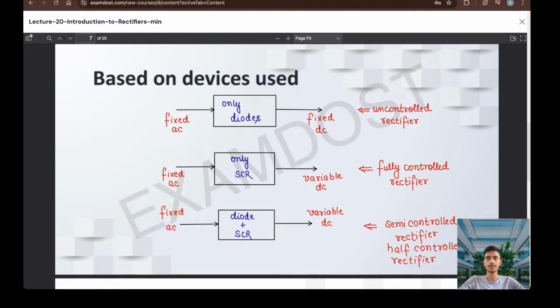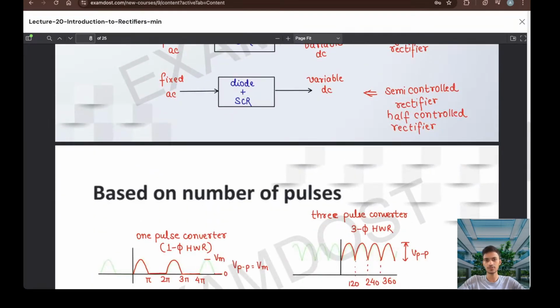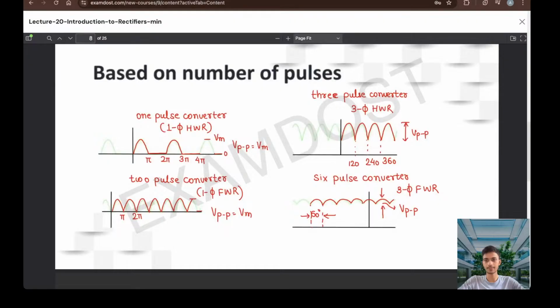We give a fixed AC to get output as variable DC. There is also a semi-controlled or half controlled rectifier where we use both SCR as well as diode. Here also you can get a variable DC.